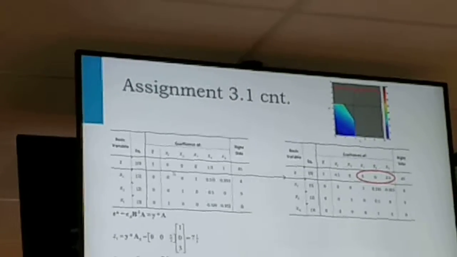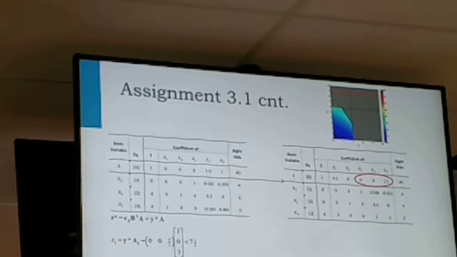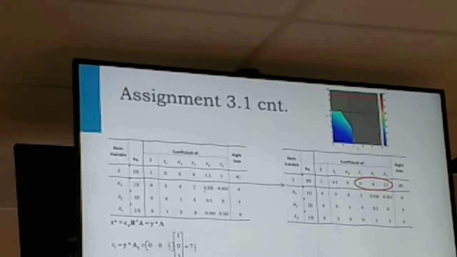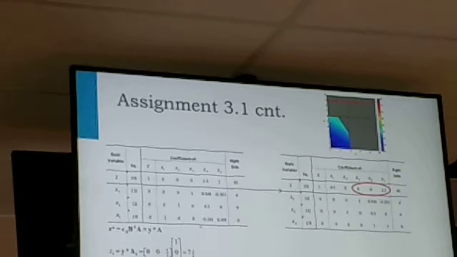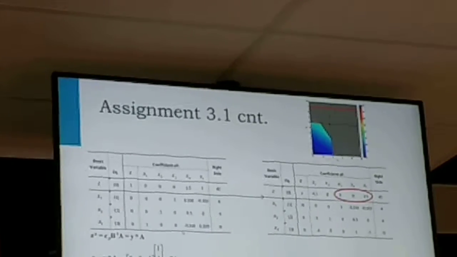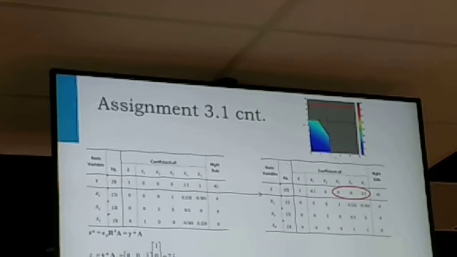If we look at the new solution, we have the two corner points in the same location. So for the 18 case, we have both corner points in the same location.